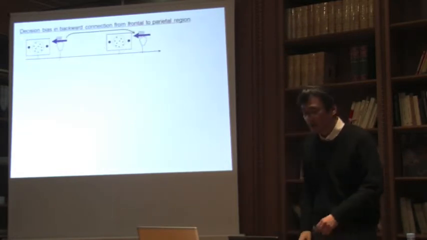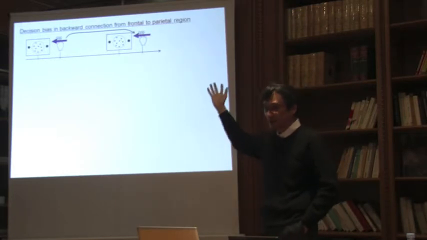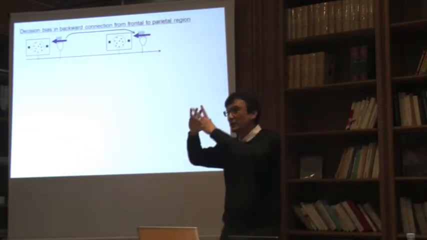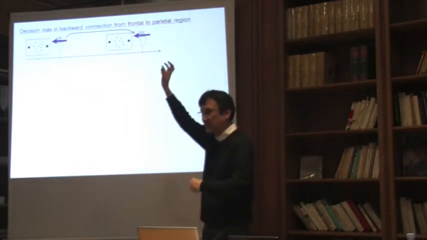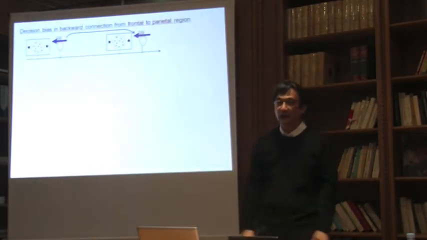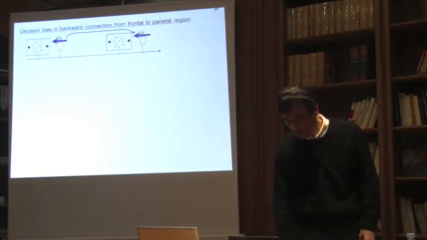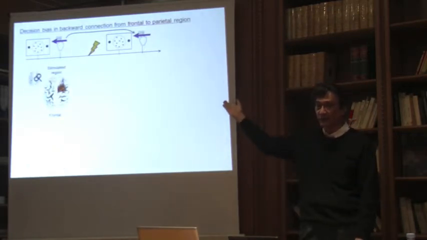Anyway, there should be some biasing signals or altered network state which persists from the previous trial to the next. So we tried to examine this network state by applying TMS during the intertrial interval.